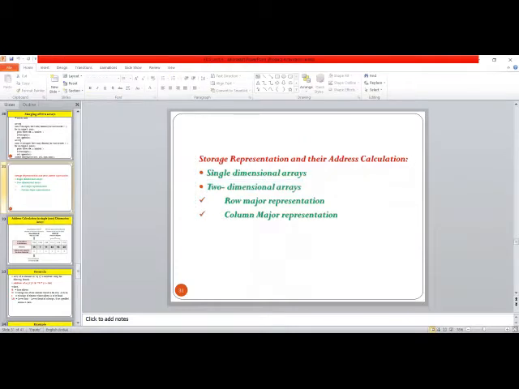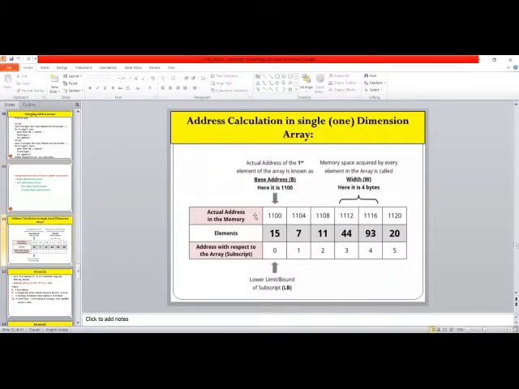We have to study single dimensional and two-dimensional arrays, along with address calculation in both. Now let us look at this figure.